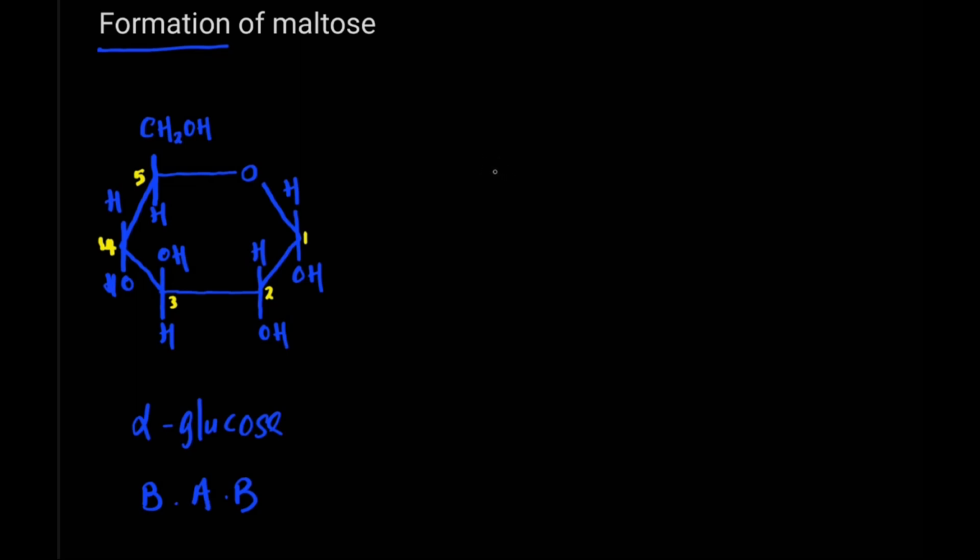Maltose consists of 2 alpha glucose, so I complete the drawing of the second one. It's better to draw your alpha glucose bigger to have enough space to fill up the atoms or the functional groups. So I complete it with straight lines to represent the bonds.